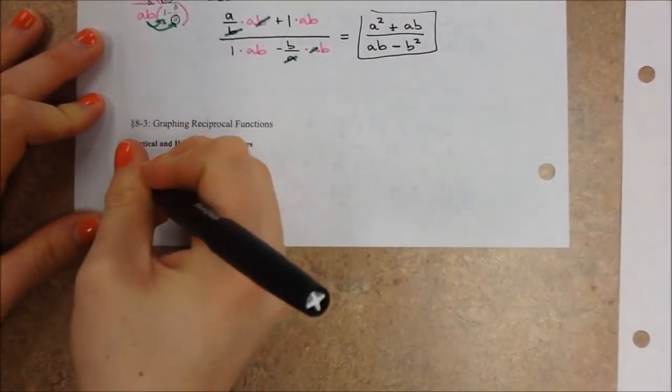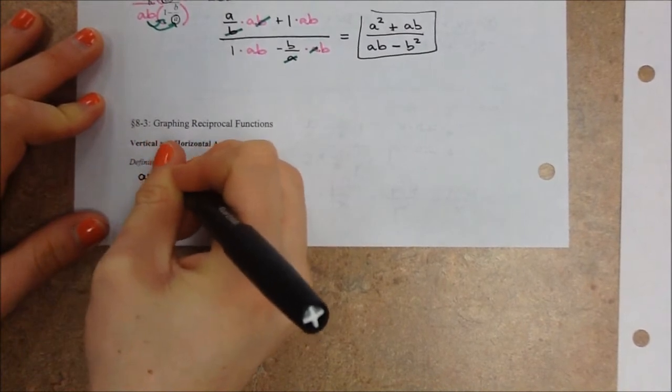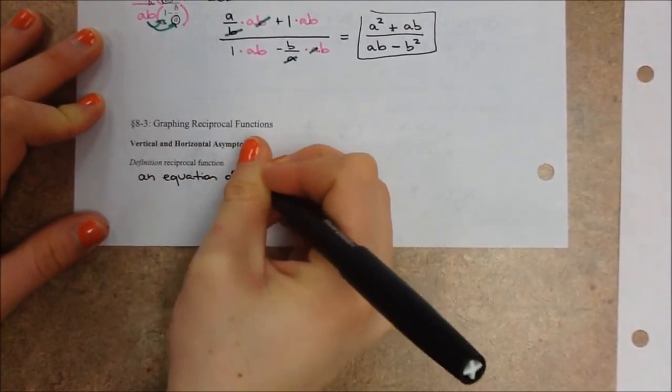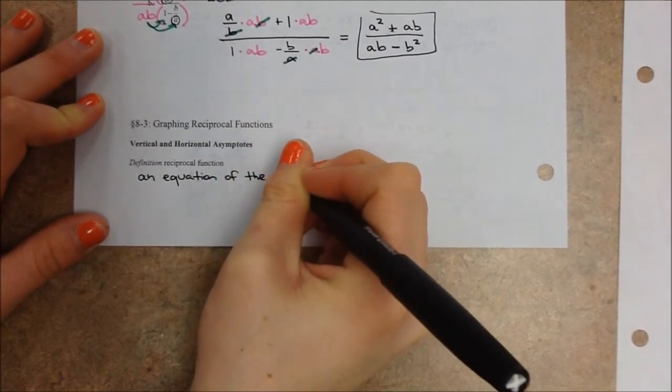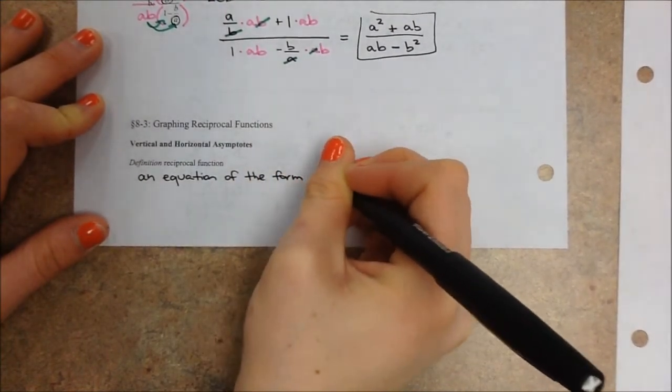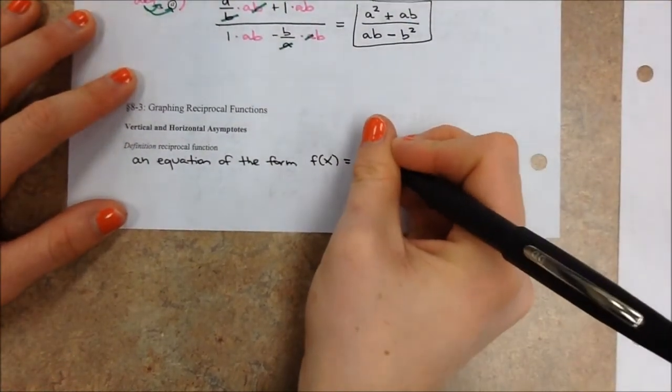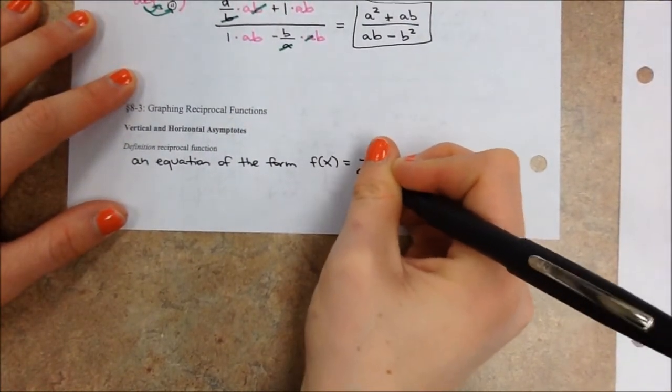It's an equation of the form f of x, remember that's our function notation, equals c over a of x.